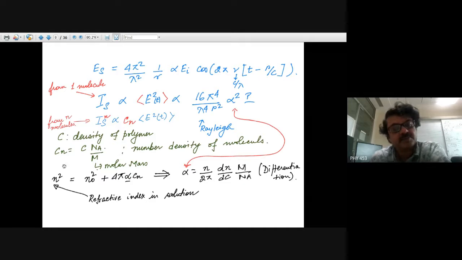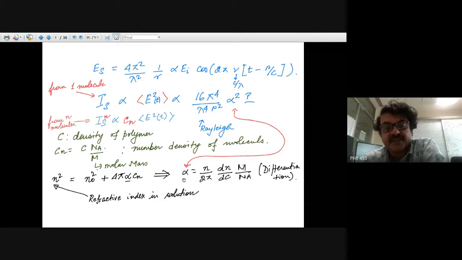So this comes from background electromagnetism, background physics. Okay, so we can't discuss this. Just accept this. This is how the refractive index will change if you have some solute molecules with this number density C_n and polarizability alpha.